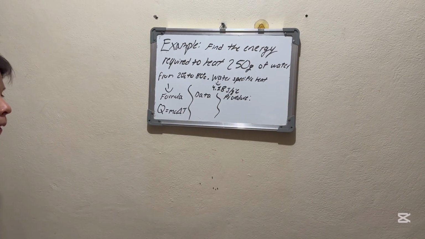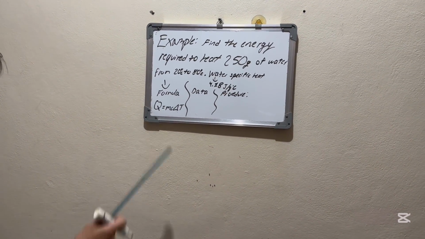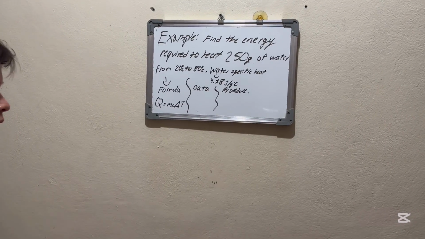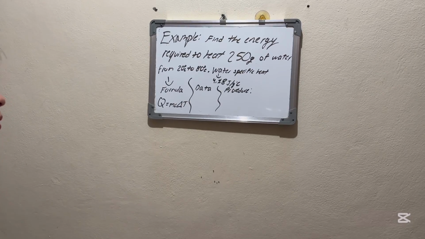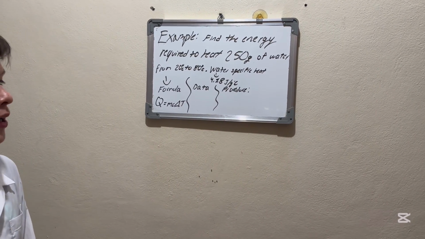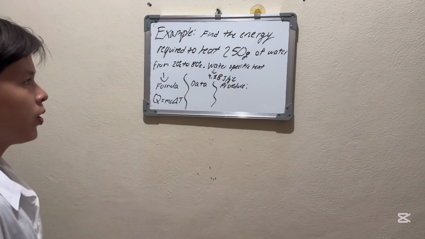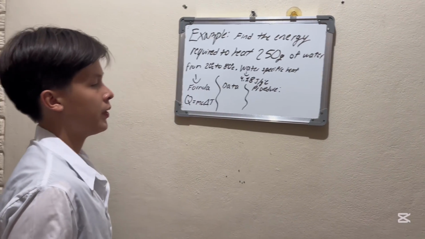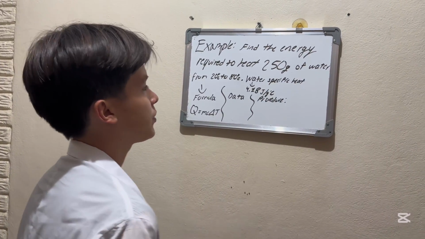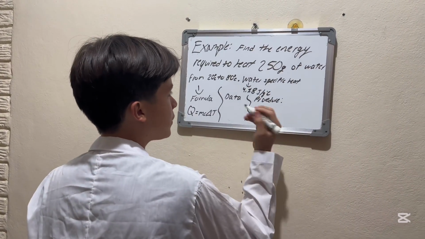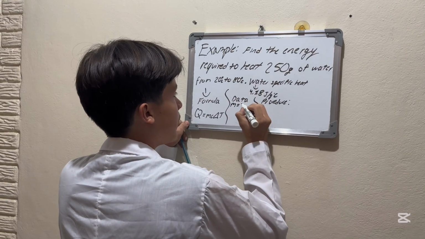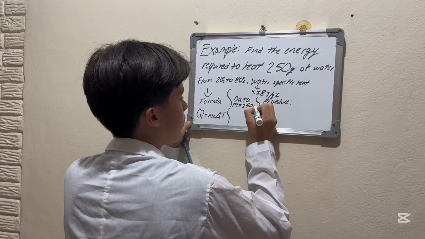That is Q, which means heat, equal to mass times the specific heat times the change in temperature. Okay, now we have to identify the values. First, the mass of the thing that we want to heat is the water, so the mass is 250 grams.